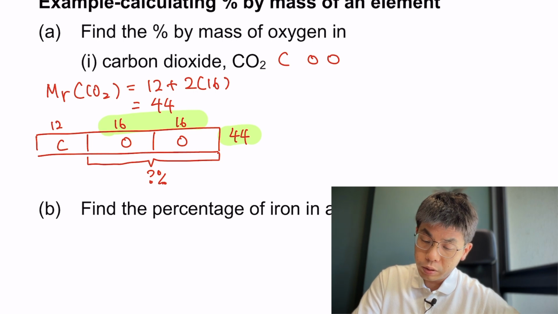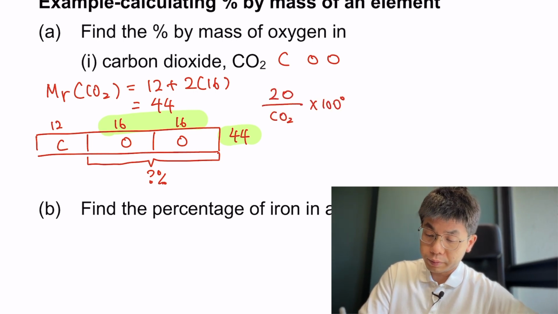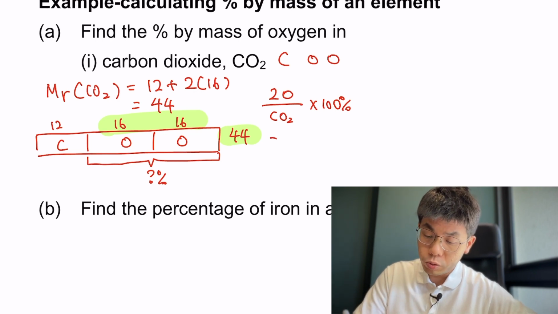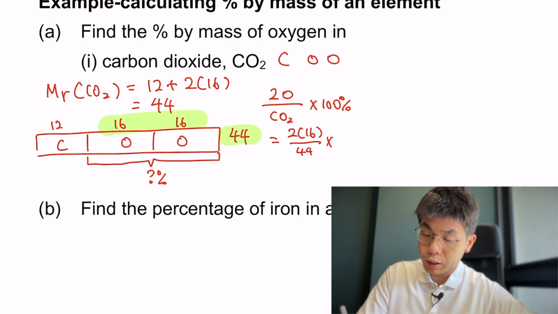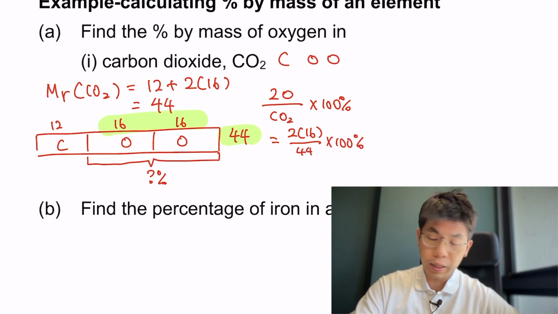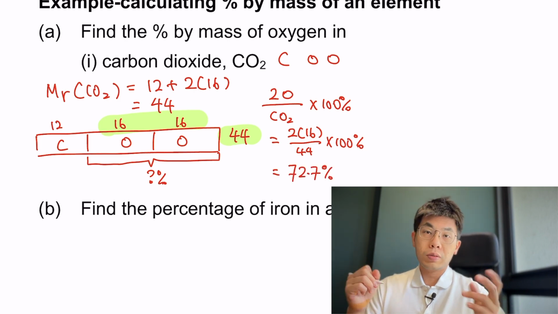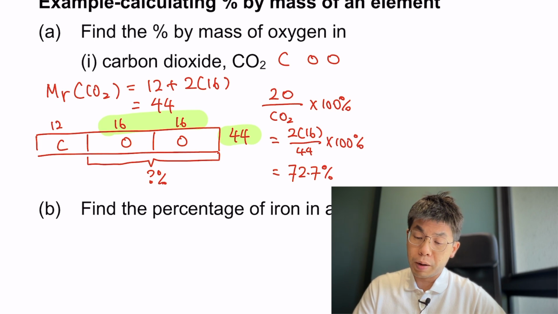So it's actually the two O's over the CO2, times 100%. As usual, make sure your working is clear. So 2 times 16 over 44 times 100%, and you punch that into your calculators and you get 72.7%. So that's how you calculate percentage by mass of an element.